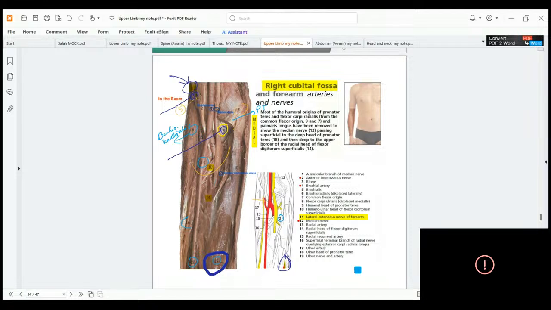One is the median nerve. Number 12 is the median nerve, and coming down, down, it gives the anterior interosseous nerve.